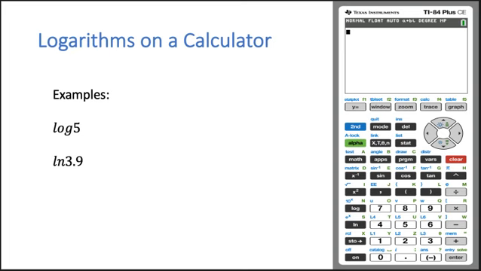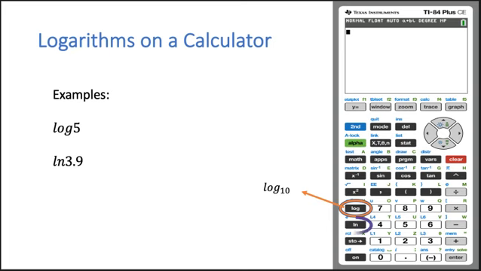I have the face of your calculator on this screen, and there are two buttons on this calculator that have to do with logarithms. The first one is this button right here labeled log. That is the same as log base 10.